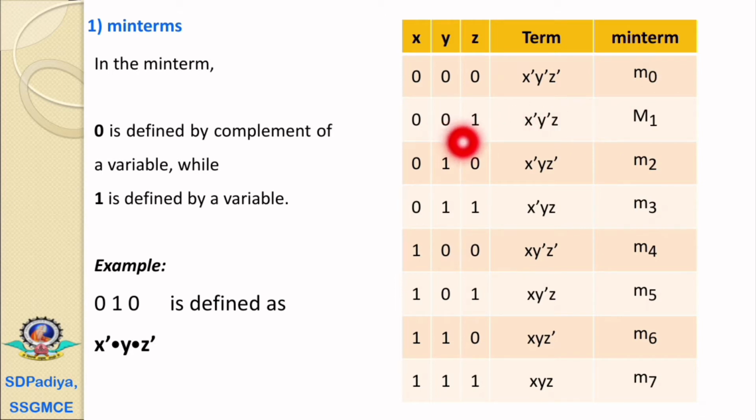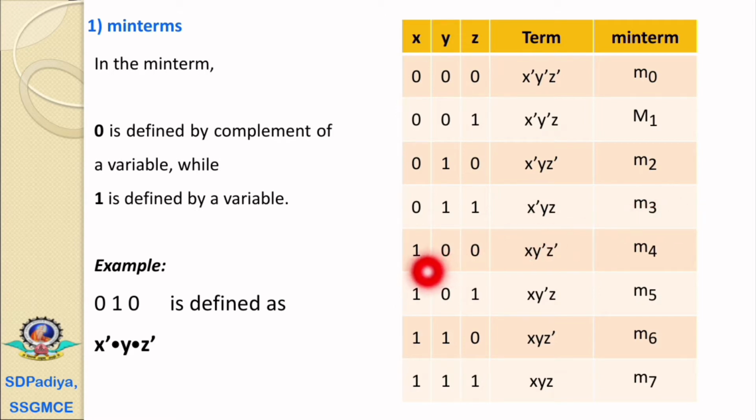The next is 0, 0, 1, therefore its term is x complement, y complement, and z, defined as m1. The next is 0, 1, 0, that is x complement, y, z complement, defined as m2. Then 0, 1, 1 is x dash, y, z, for min term 3, that is m3.